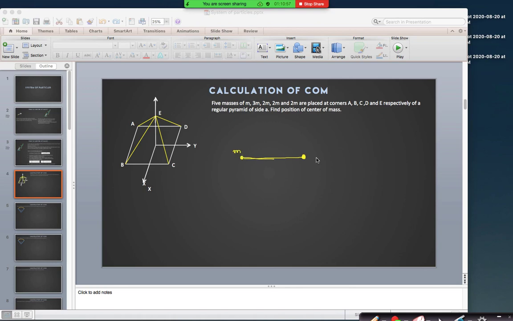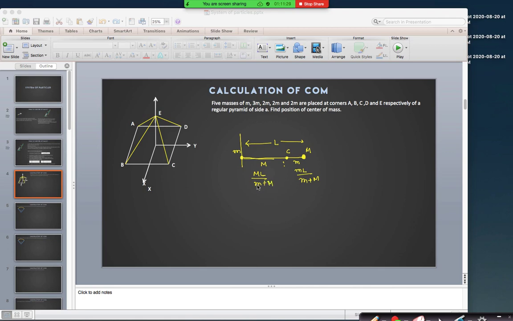If this mass is small m, this is capital M, and this length is L, the center of mass will always lie towards the heavier mass, and the line is divided in an inverse ratio. That means this part will be M and this part will be small m. So this length will be M into L by M plus m, and this length will be small m into L by M plus m.